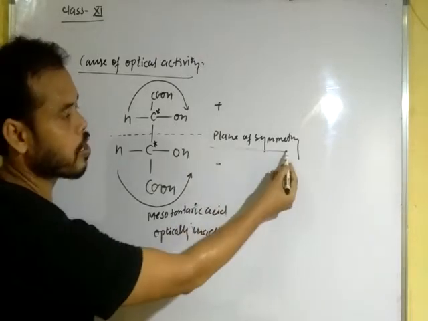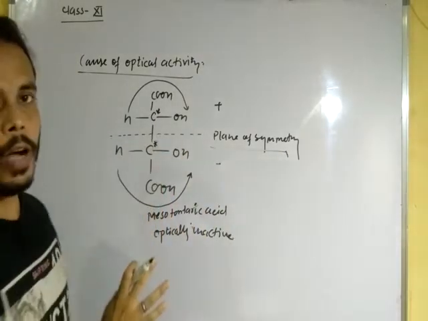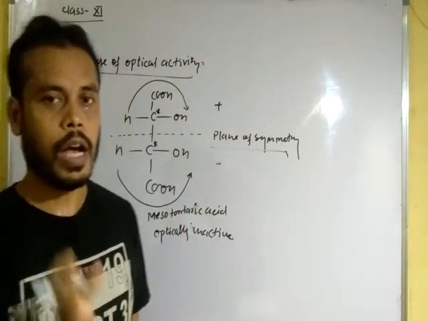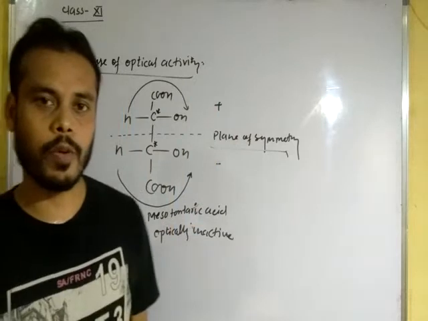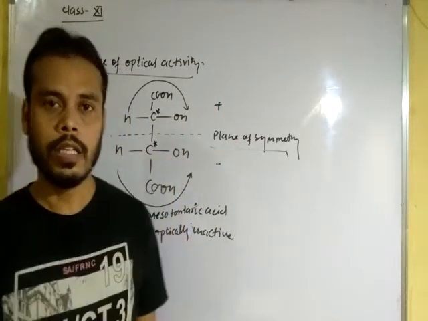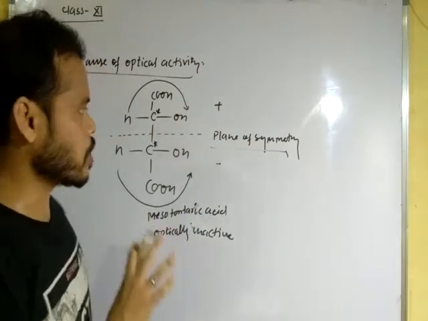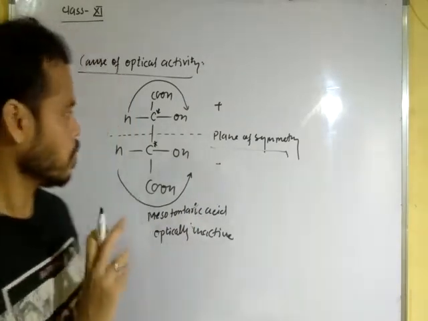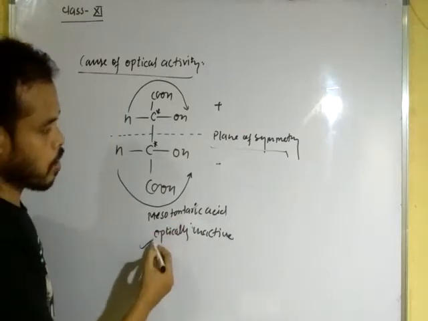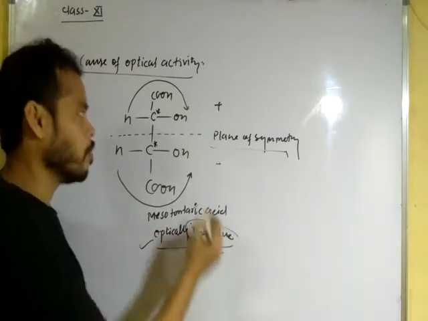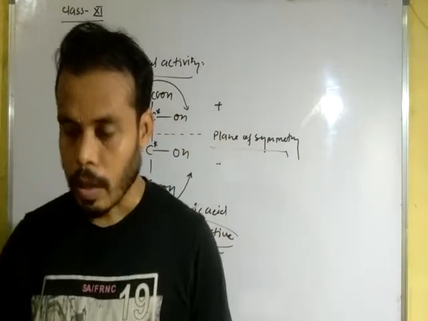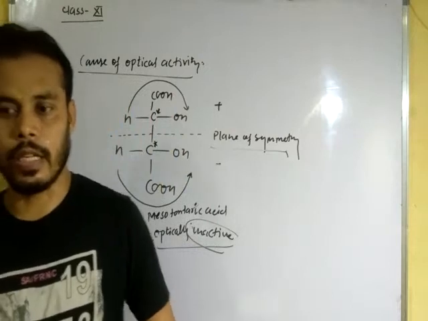Due to the presence of a plane of symmetry, half of the part will rotate plane polarized light in the clockwise direction, while the other half will rotate it in the anti-clockwise direction, and they will cancel the rotations of each other. Due to this it is optically inactive, but having chiral carbon. That means the molecule should be asymmetric.